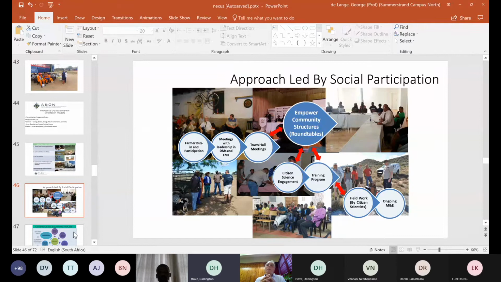But before that could happen, a number of the community members had to come to the university for a 3-week training period. To roll out this project, they had to work with farmers and local municipalities, and had to have meetings, and the model that they used was the citizen science project.